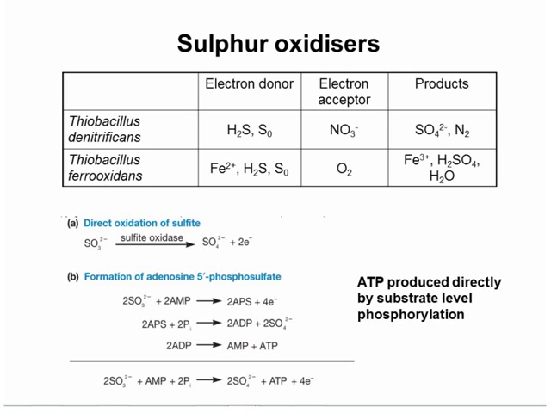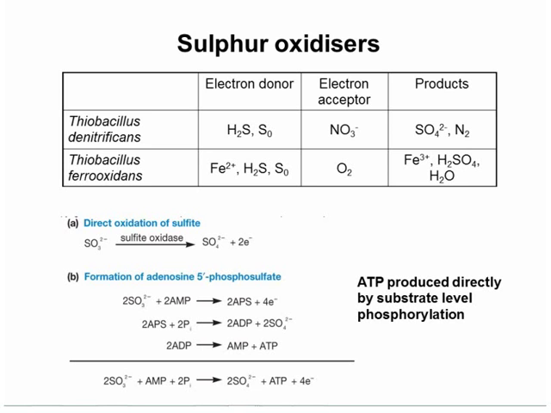Then, during the cleavage of the phosphosulfite bond, sulfate can be released, and this gives you 2 copies of ADP, which can combine together and give you 1 molecule of ATP. So this is an unusual way of generating ATP that doesn't depend on proton motive force or an electron transport chain.